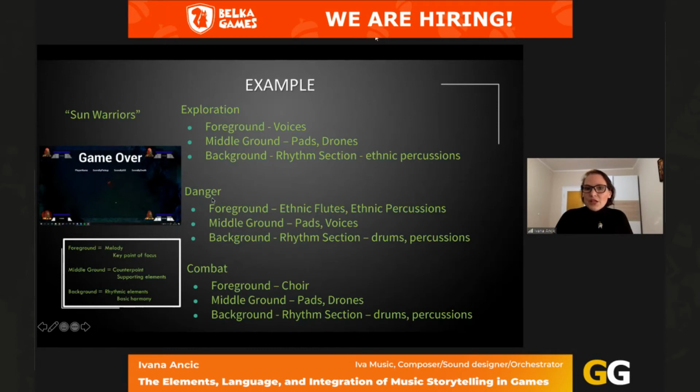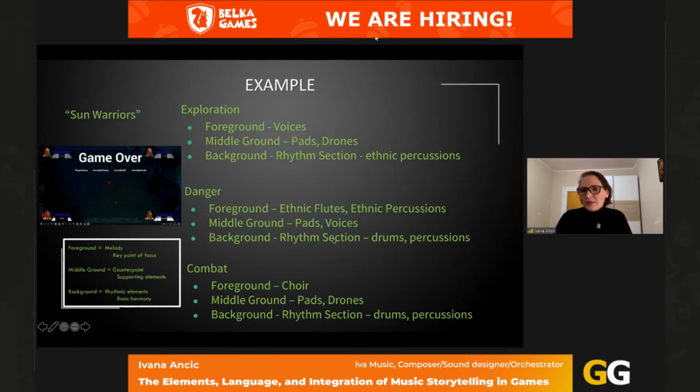Afterwards, this foreground, middle ground, and background actually change depending on the state, because what you hear as the main key point of focus is not the same in different states. So once the player enters the danger state, the voices go to the middle ground with pads, and the foreground becomes ethnic flutes and ethnic percussion.